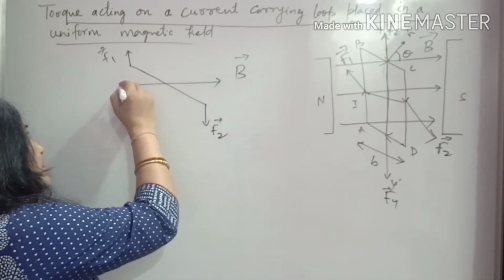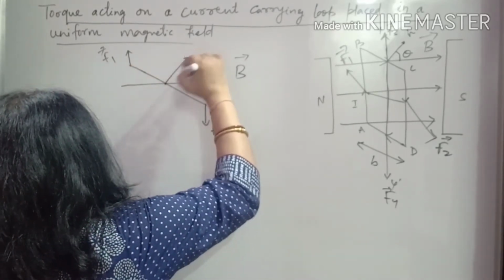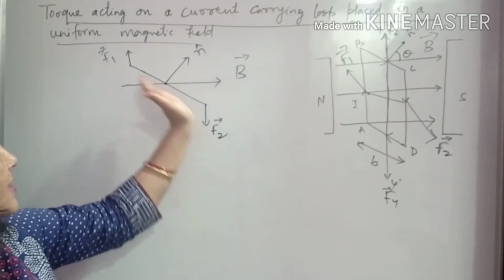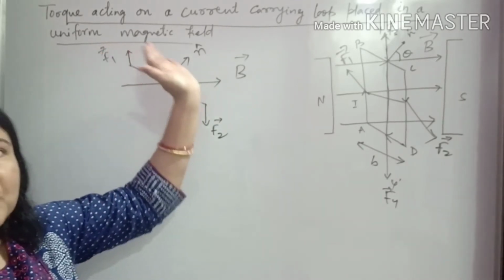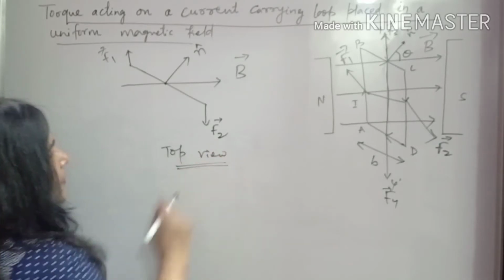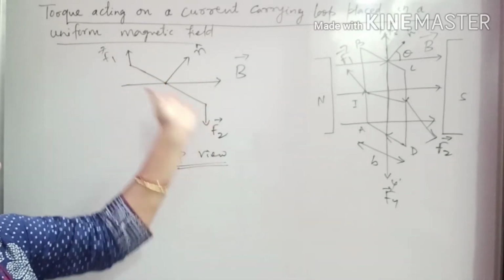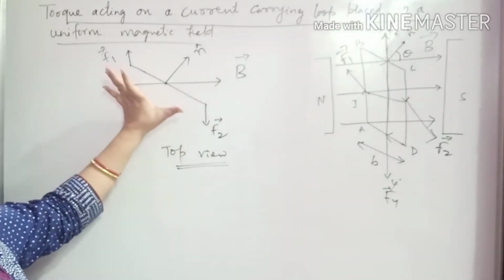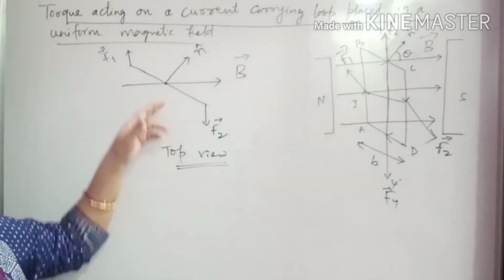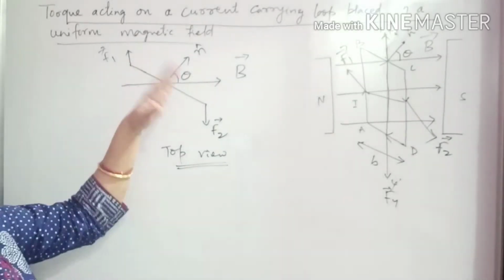Let's suppose this is the outward drawn normal to the plane of this coil. This is actually the plane of the coil which we are seeing from the top view. When you look from the top, the coil appears like a straight line like this. So let n cap be the area vector which is making an angle theta with the magnetic field. So this is your diagram.